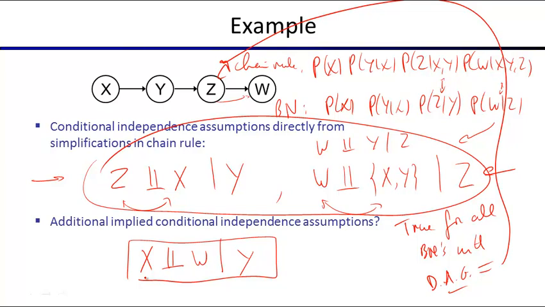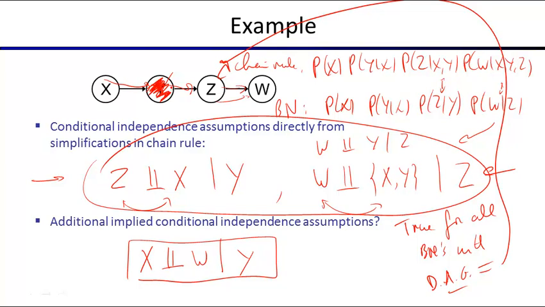The intuition is that the influence on W from X is mediated through Y, then Z, and only then reaching W. So if you were to observe Y, which you do graphically by shading it, you would block the influence from X onto W. In general, the bigger the graph, here there's just one of those that was not yet implied by the chain rule to Bayes net transition.